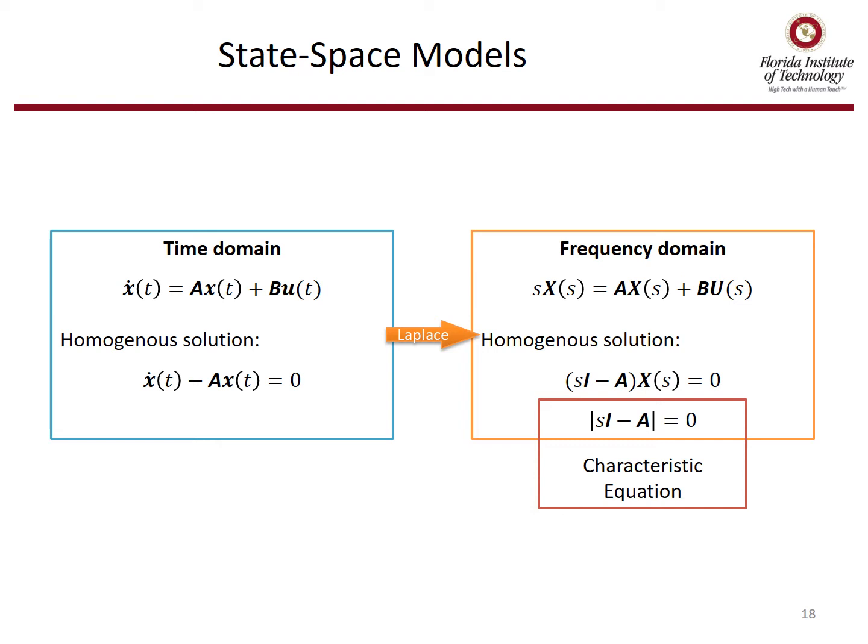We can get the homogeneous solution by simply solving x dot minus Ax equals 0, or setting the right-hand side, the forcing function, equal to 0. That's a state space model in time domain.